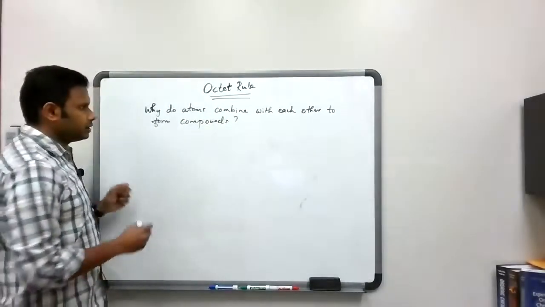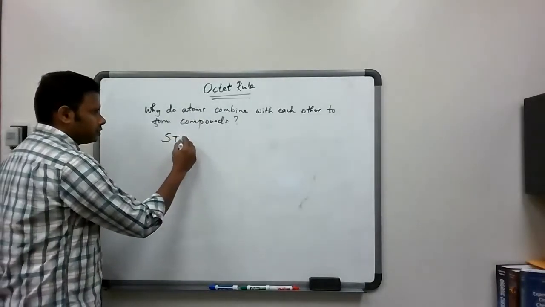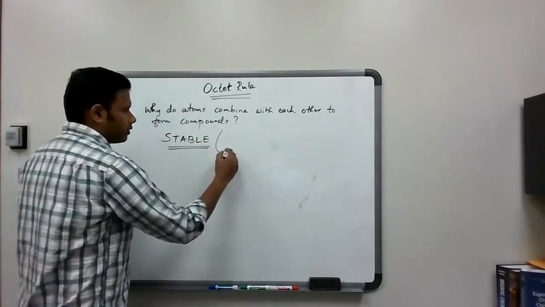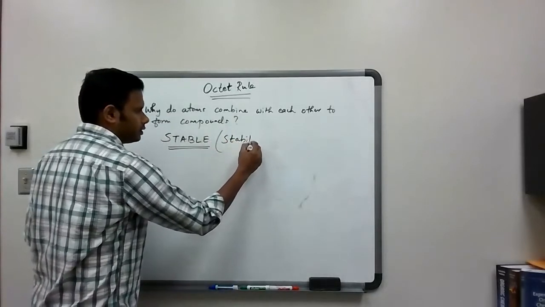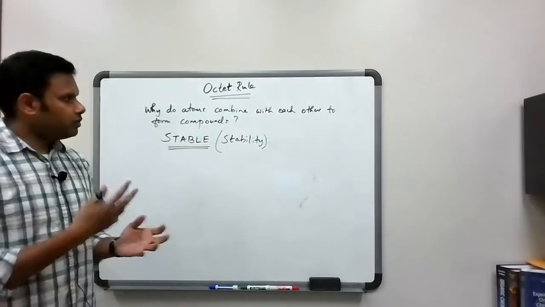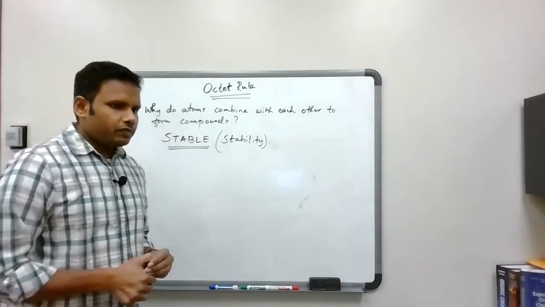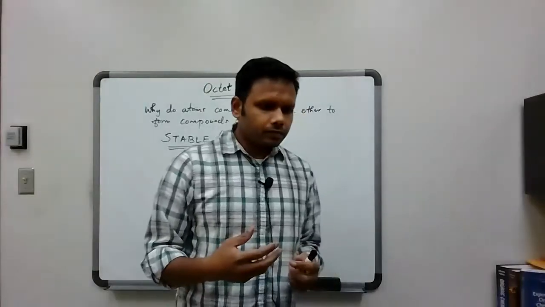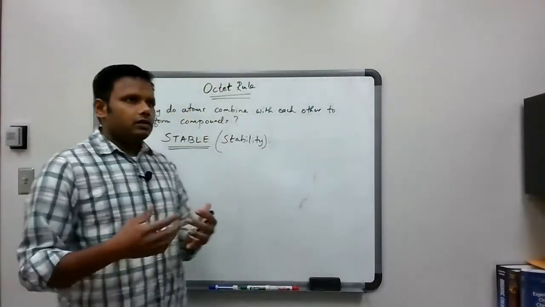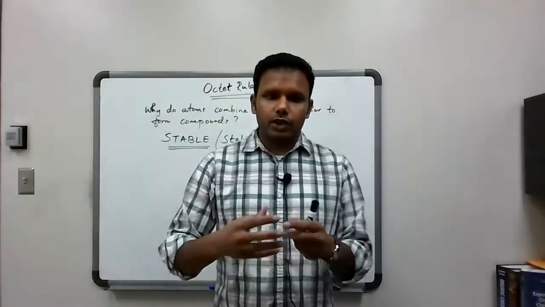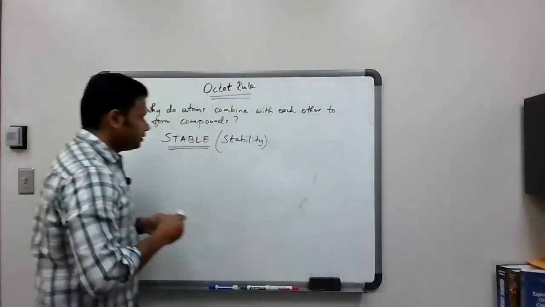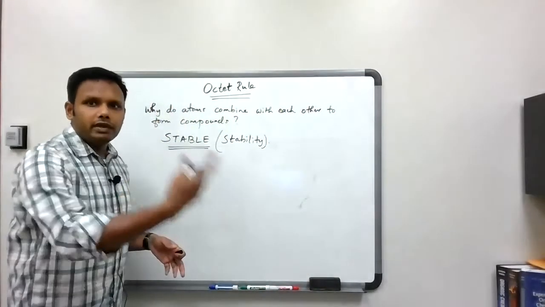And the answer to this is to be stable, or for achieving stability. Now, what do we mean by this? So for atoms, the way I would think about this is, when you have an atom, it is actually forming compounds to achieve the noble gas configuration.